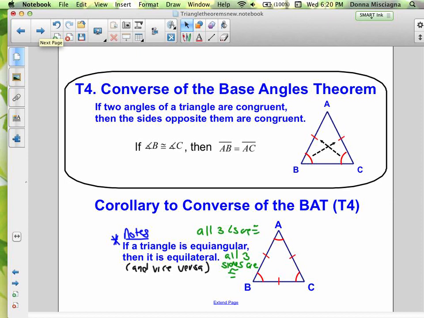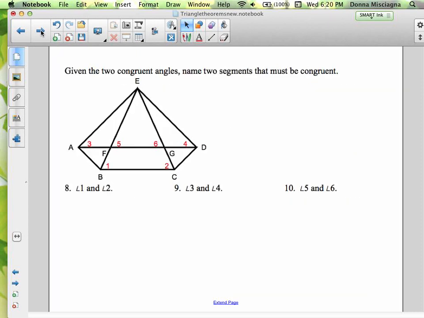If a quadrilateral is equiangular, then it would be all four angles, but this is a triangle. So, if a triangle is equiangular, it's equilateral, because equilateral triangles fit the definition of isosceles. They have at least two sides congruent. So anything that's true for the isosceles is true for the equilateral.